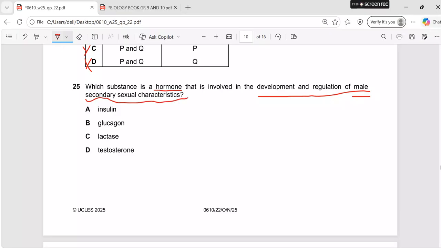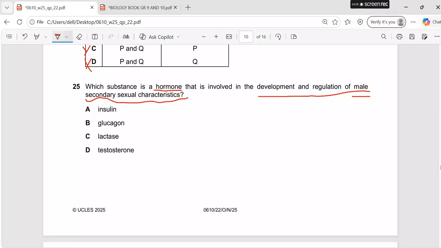Male secondary sexual characteristics means the characteristics when a male gets 13, 14, 15 years of age and the body shows changes in terms of growth. For example, the deepening of the voice, the muscle development, the mustache, facial hair, and the private body parts hair growth, etc.